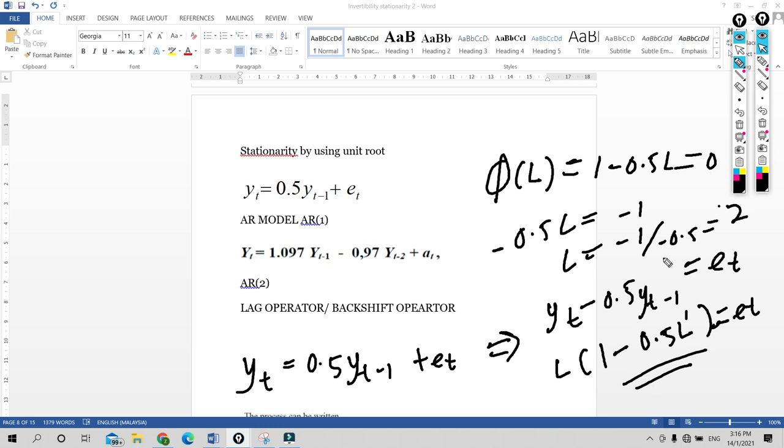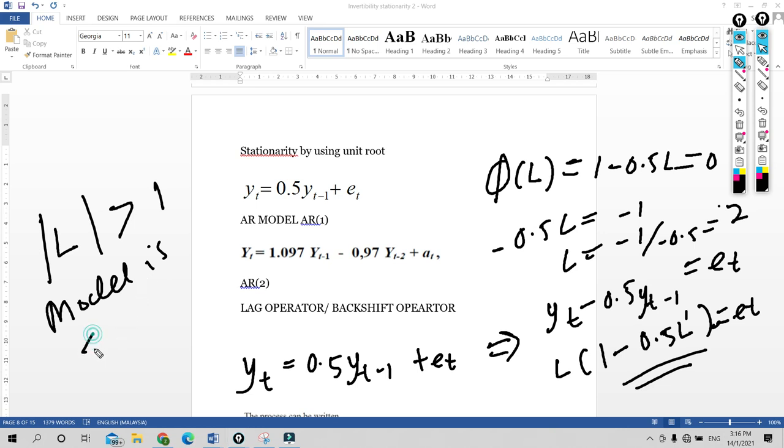So the L here is equal to 2. And if the absolute value of L is greater than 1, then the model is said to be stationary.